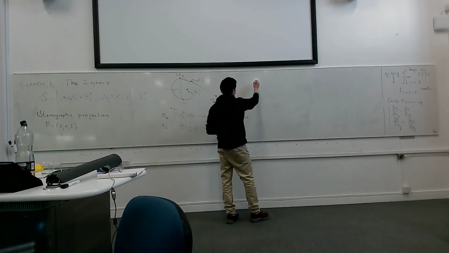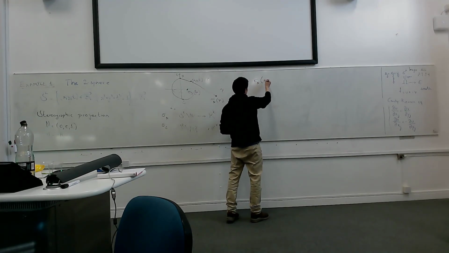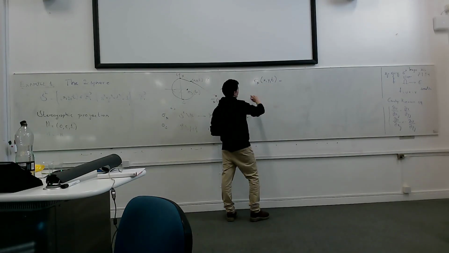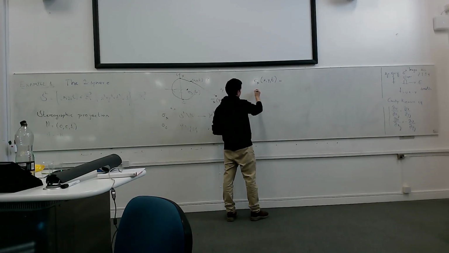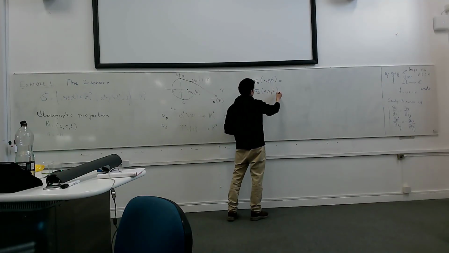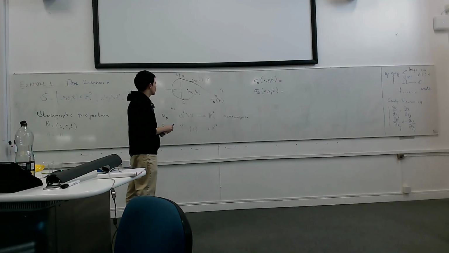Let me write formulas first for these maps, and then what is the stereographic projection of the point x, y, t? So there should be a formula here. And what is the stereographic projection from the South Pole, x, y, and t? So it's not hard to write the formula.